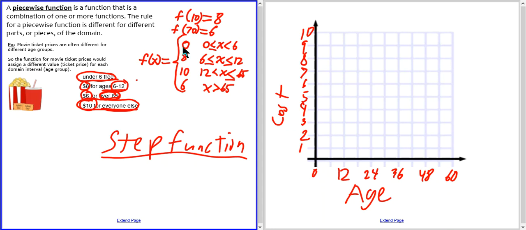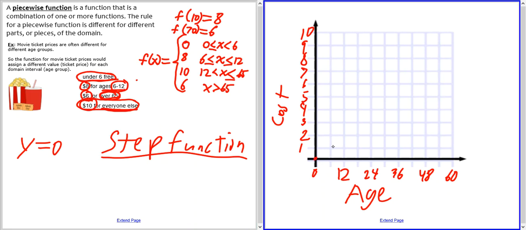So at that point, this function is the line y equals 0, but it's only that when x is between 0 and 6. So starting at 0, it's the line y equals 0, which is that horizontal line. But now at 6, remember we didn't include 6. So that's an open circle at 6.